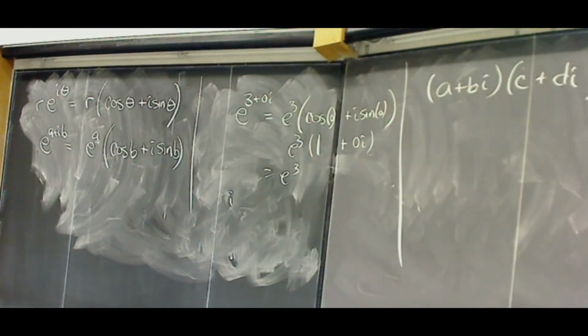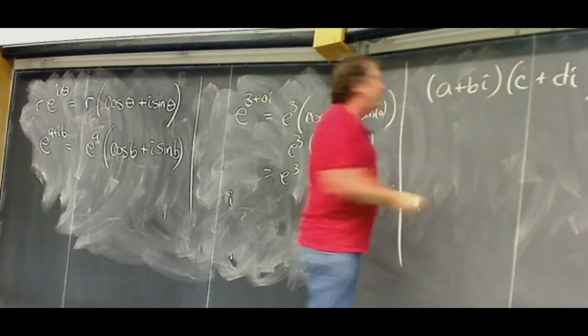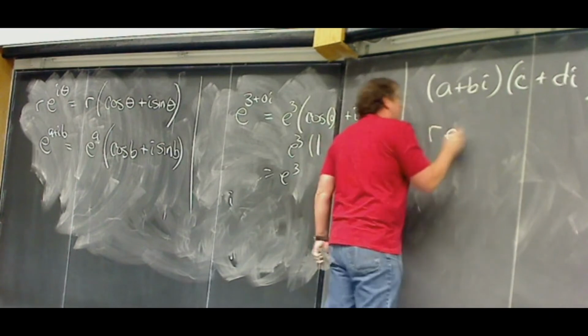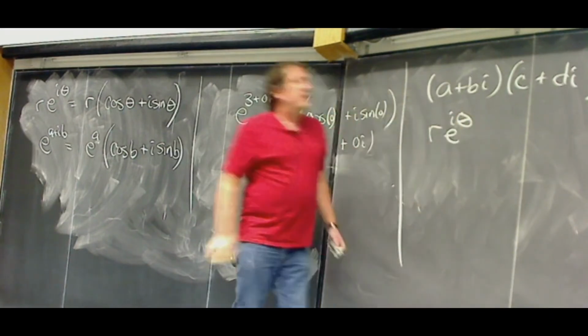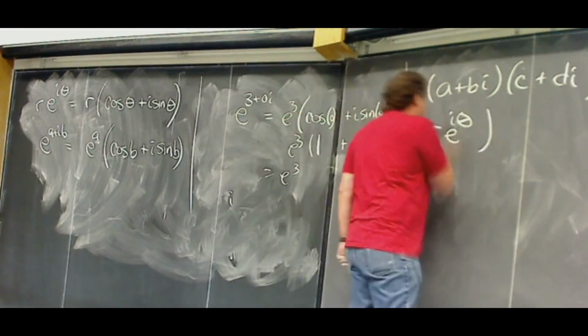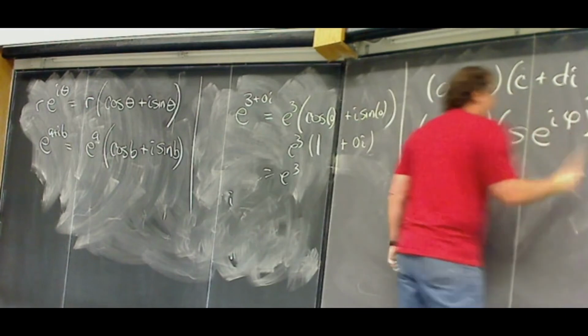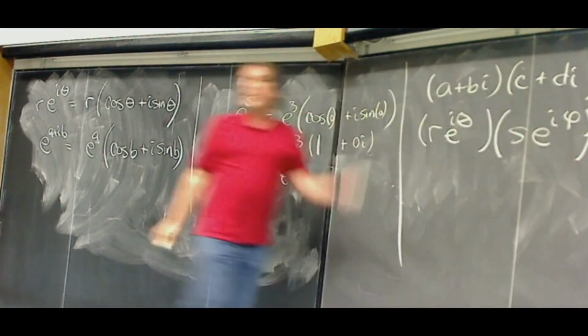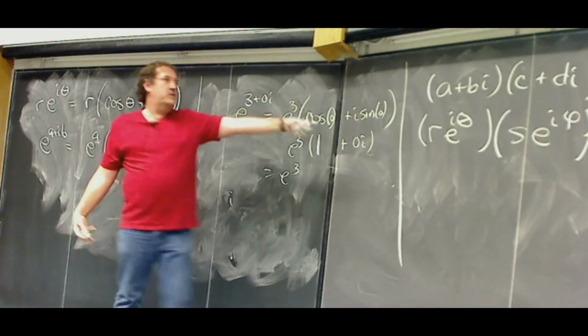Anyway. Okay. So here we have, if we write this in this polar format, this is r e to some angle. And this is some other number, s e to some other angle. And now what happens when I multiply these things together? Remember, these are all numbers. I'll do an example with actual numbers in a second.